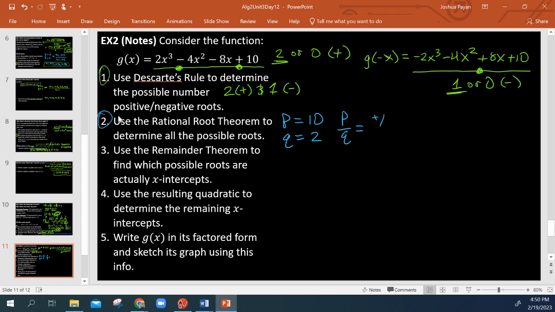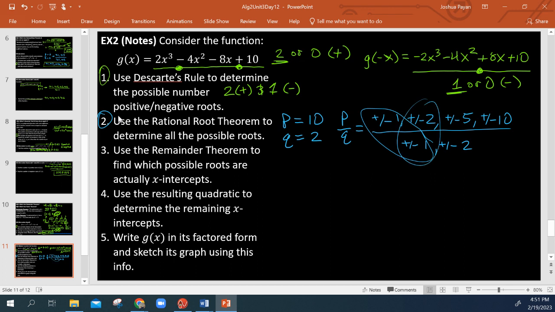So we have plus or minus 1, plus or minus 2, plus or minus 5, and plus or minus 10 for our rational roots for P. And for Q, we're just going to have plus or minus 1, plus or minus 2, and that's it. Okay, so we're going to get a whole lot from just having these, right? So we're going to have 1, 2, 5, and 10. And of course, we know these are all plus or minus.